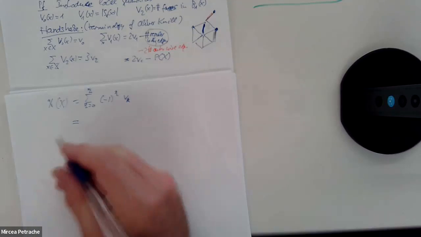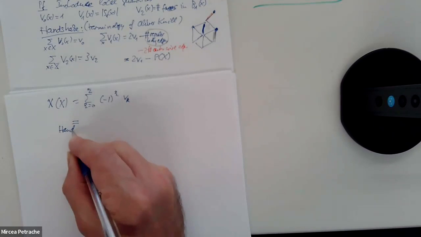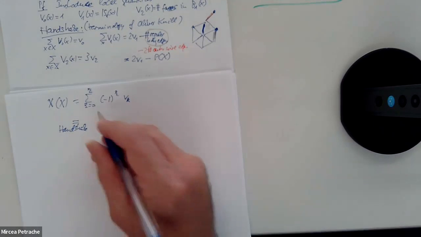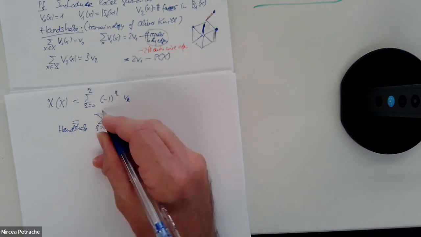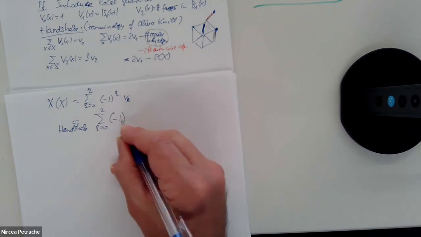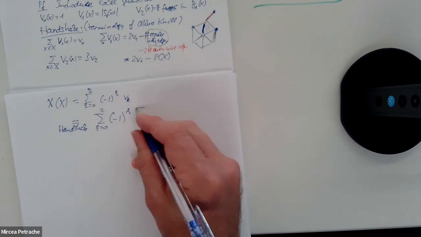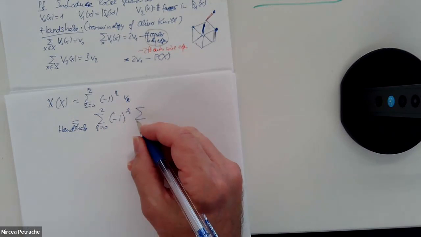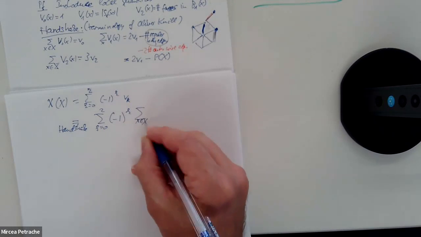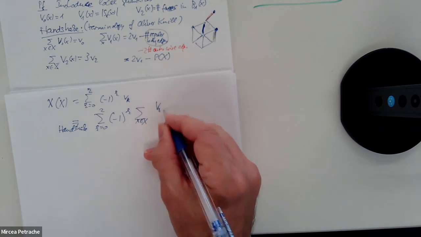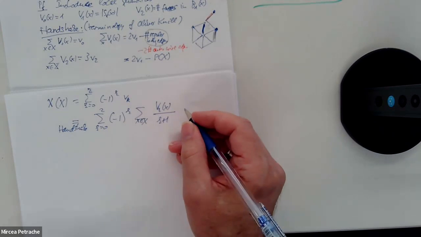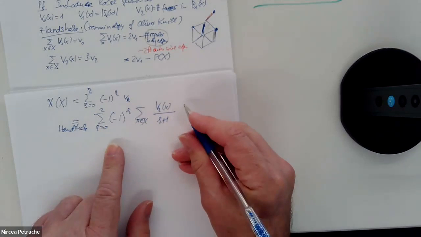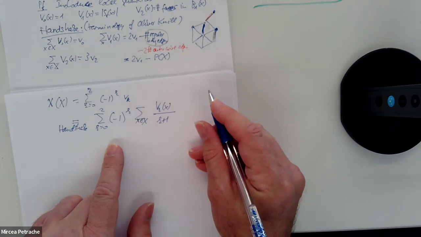Okay, so handshake. So we can write this as the sum over k equals 0 to 2 of minus 1 to the k, and then we just sum over x in X. So it's the v_k of x divided by k plus 1, but for the edges.